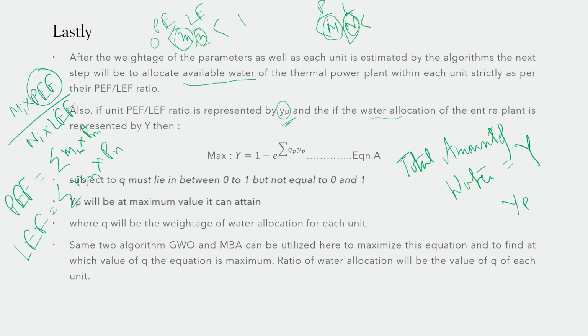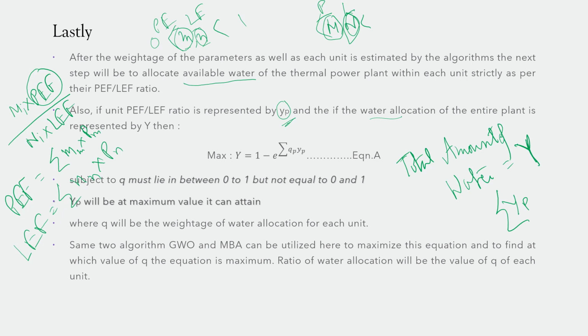Okay, so let us say our next step is this. This is the water allocated, so the summation of YP is actually this big Y, right?